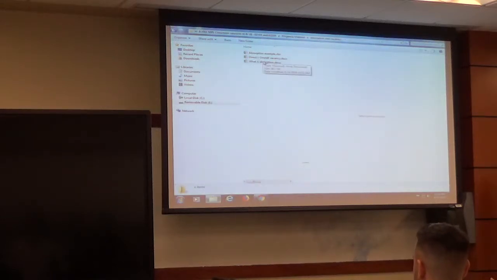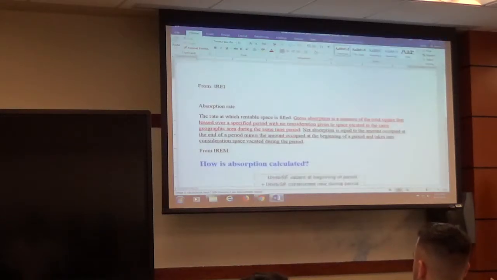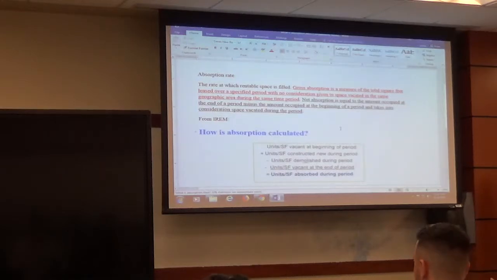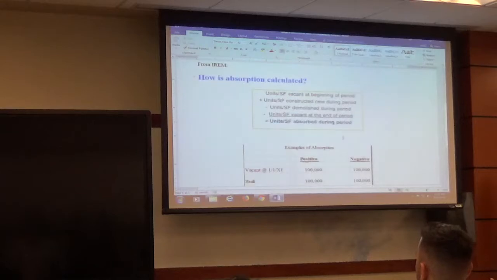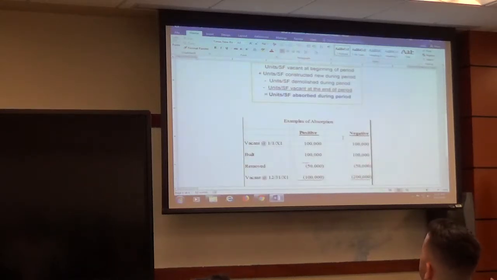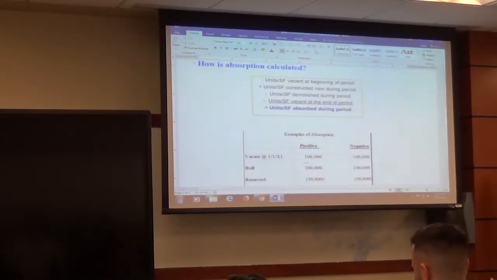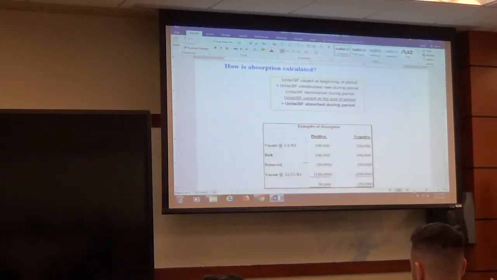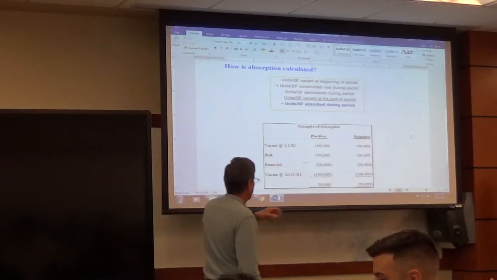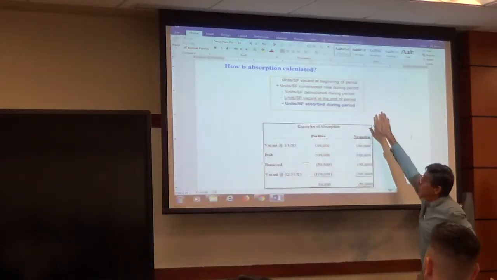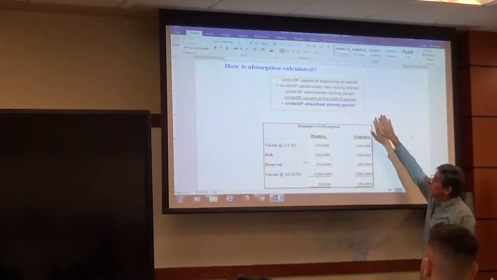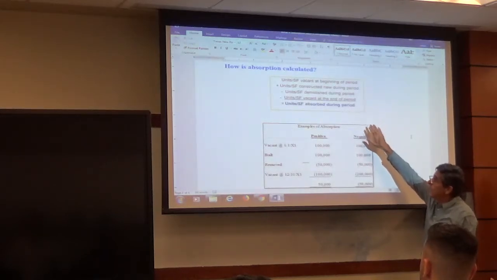Here we go. Okay, so when we talk about absorption, it measures total square feet leased over a period with no consideration given to space vacant and the same. So when you look at the formula, and I've got an example here for you, you take a look at positive absorption and negative absorption. So units or square feet vacant at the beginning, what's come on, what's come off, what's vacant at the end, it's what's absorbed.